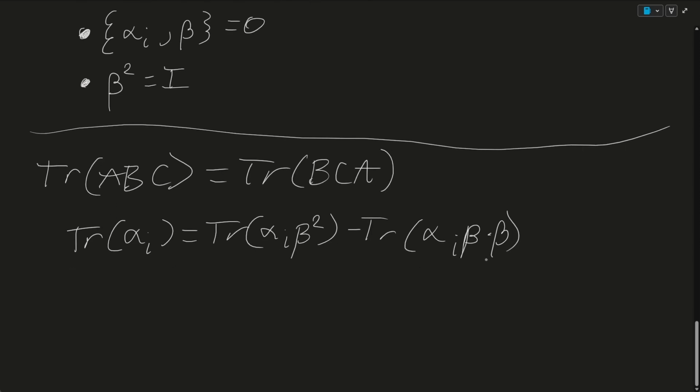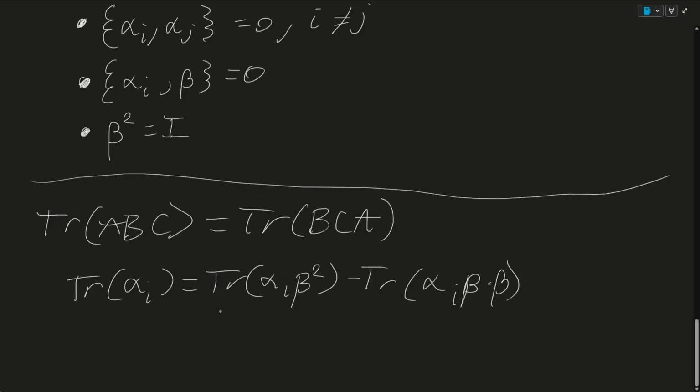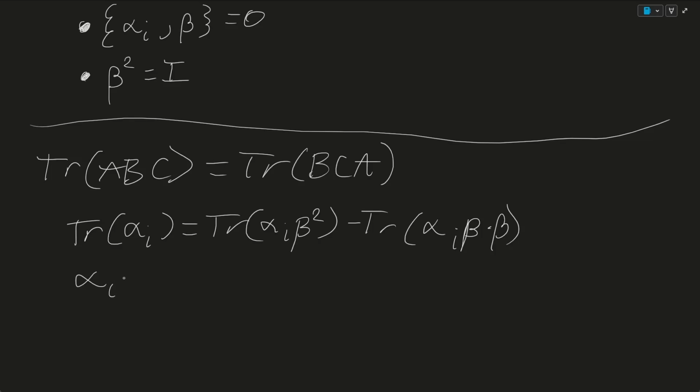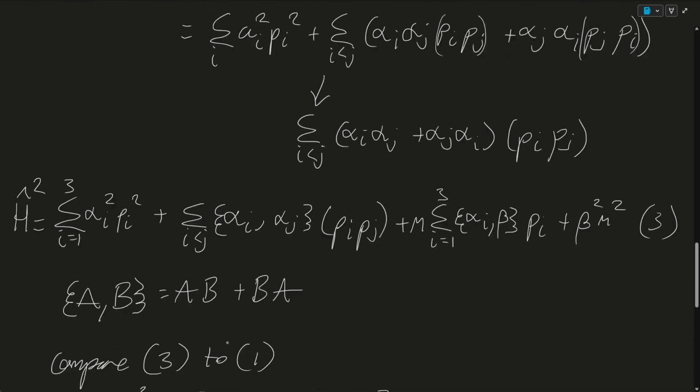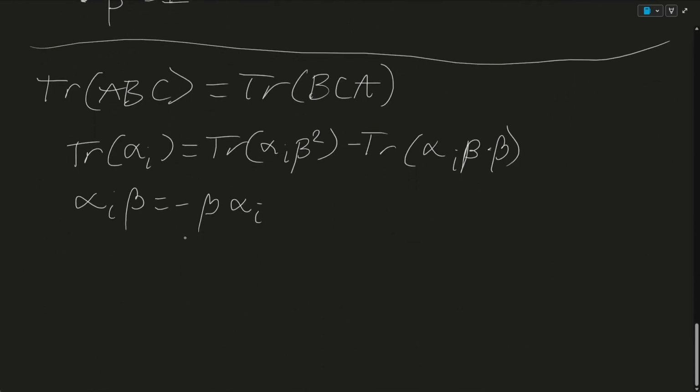Now we cycle this beta to the front, so minus the trace of beta alpha sub I beta. Oh, I forgot to show the anti-commutator. Alpha I beta is equal to minus beta alpha sub I because of our anti-commutator identity.